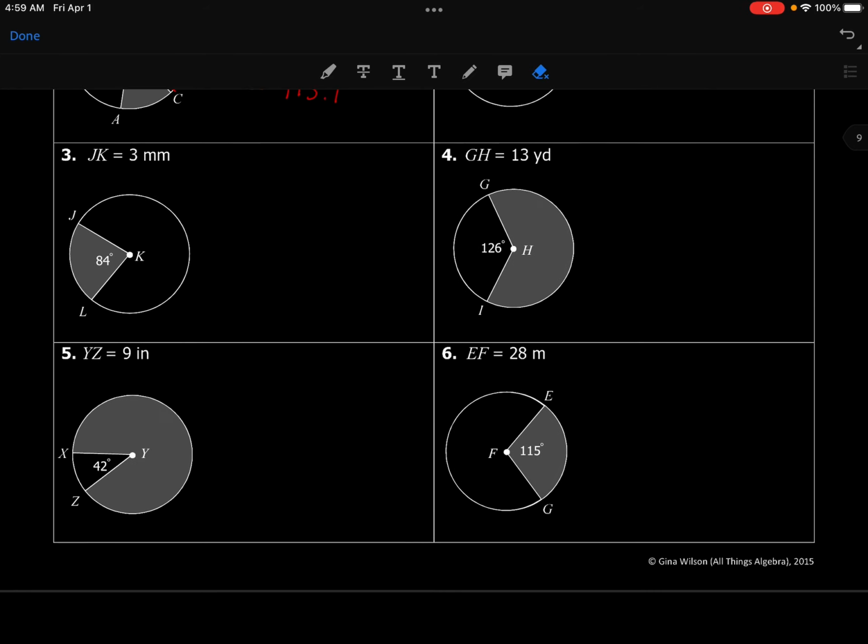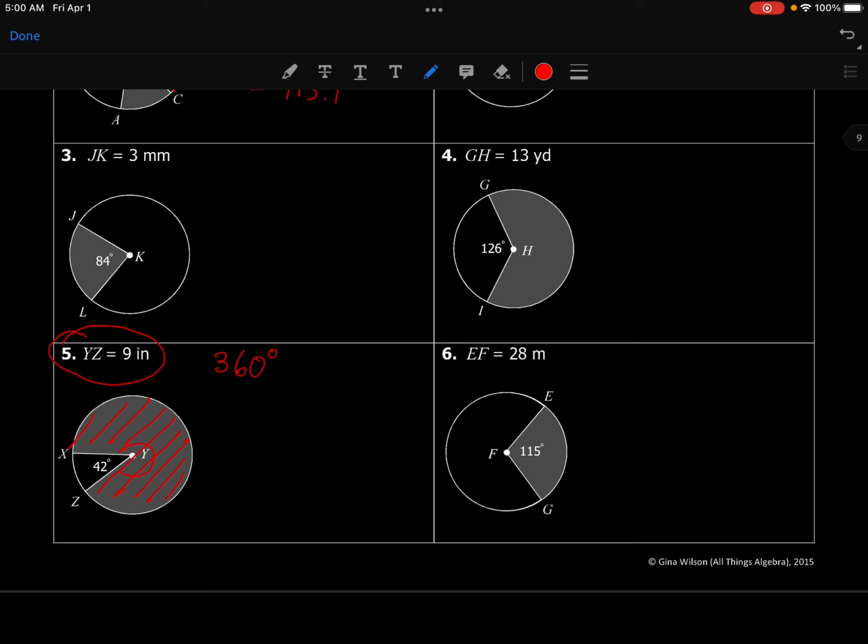Let's do this one, number 5. Number 5 is interesting because we need to find the area of the shaded region, but we don't know the central angle of the shaded region. So we need to find it. First of all, we know that the measure of a full rotation is 360 degrees.